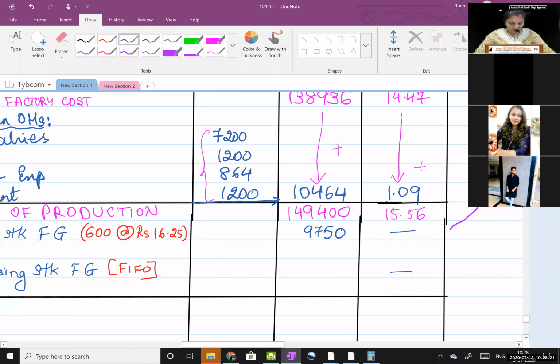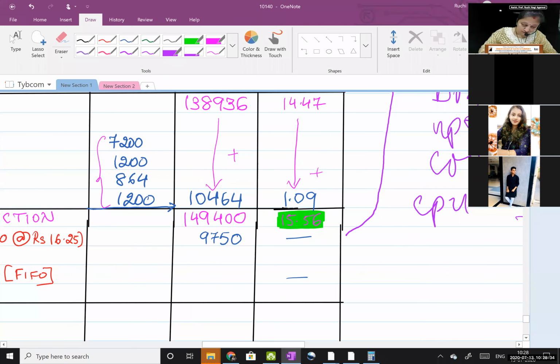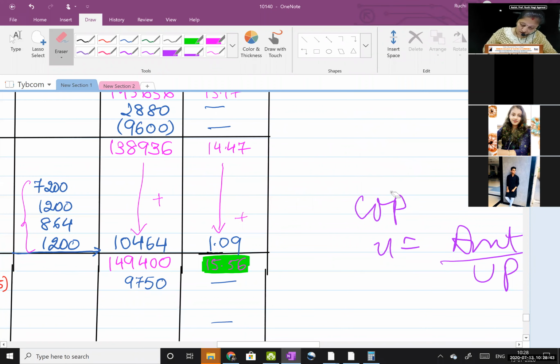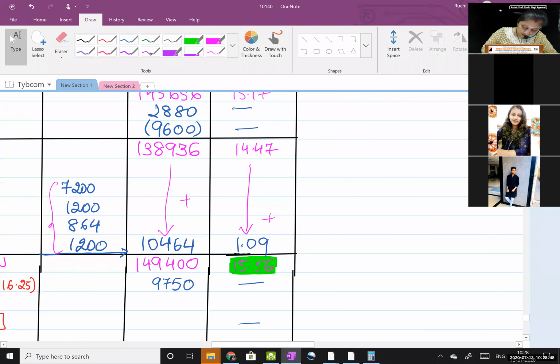Now let us see how to calculate closing stock of finished goods by FIFO. FIFO means this. I'll write it down for your reference. This is FIFO, or you also call it cost of production per unit.